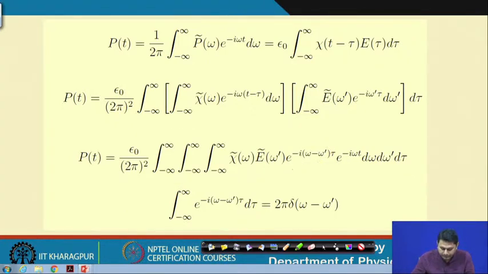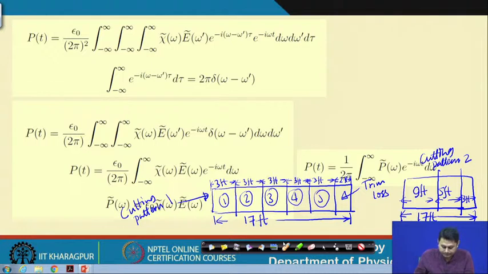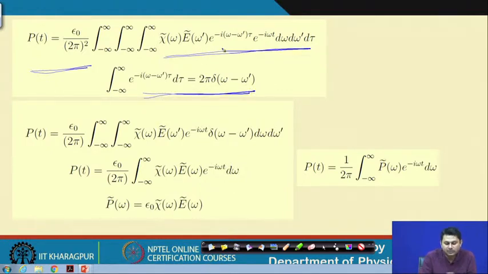Okay. So, let us see what happens in the next slide. Fine. I have this quantity P(t) equal to epsilon 0 divided by 2 pi times the integration of this, and then I am going to replace this e to the power minus i (omega minus omega prime) tau in the form of the delta function.